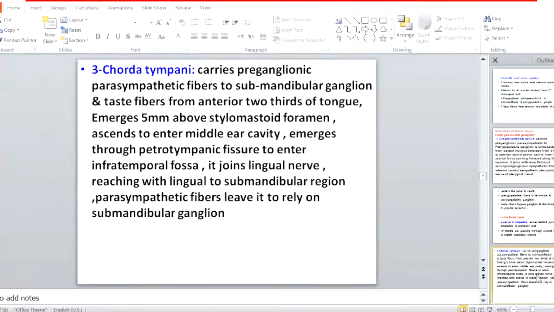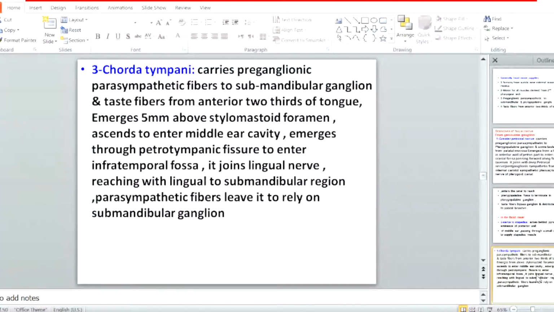It emerges 5 millimeters above the stylomastoid foramen, ascends to enter the middle ear cavity, passes above the tympanic membrane, and emerges through the petrotympanic fissure to enter the infratemporal fossa. There, the chorda tympani joins the lingual nerve of the mandibular, reaching with it the submandibular region. The parasympathetic fibers leave it to relay in the submandibular ganglia.